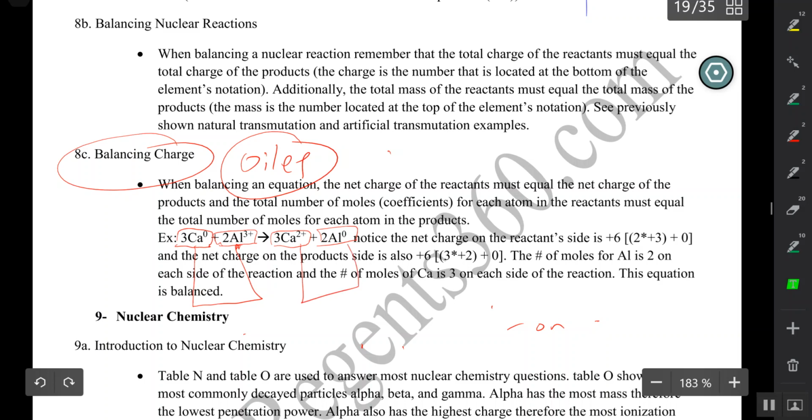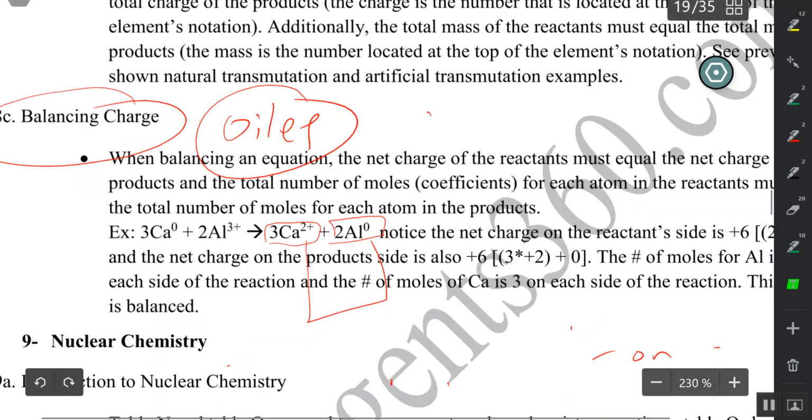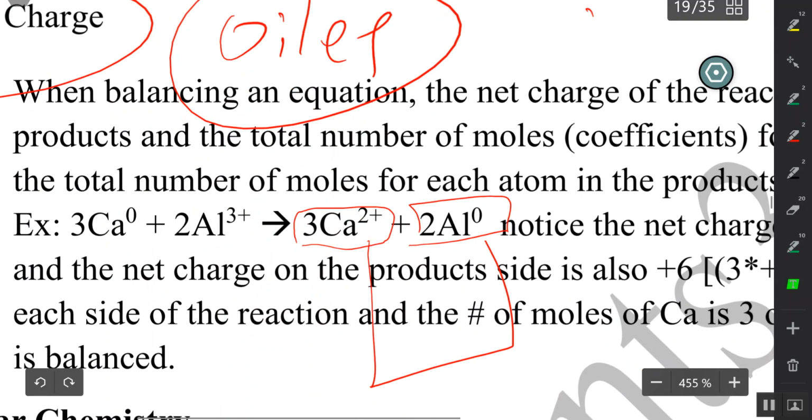Keep in mind, I'm not trying to make the aluminum charge on the left equal the aluminum charge on the right. No, I'm looking for the total charge. So what do we have here? For aluminum, each aluminum is going to lose 3 electrons, so each aluminum has a charge of +3. I have 2 of them. So the charge here is +6.